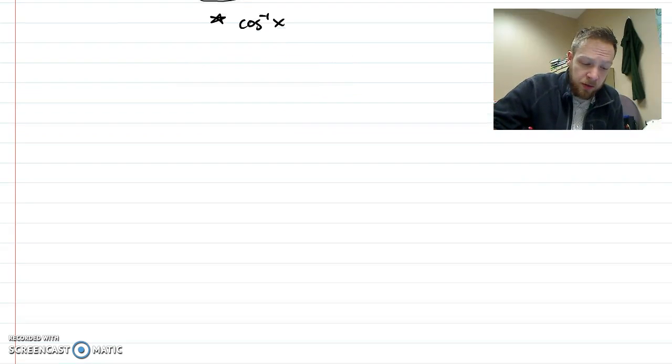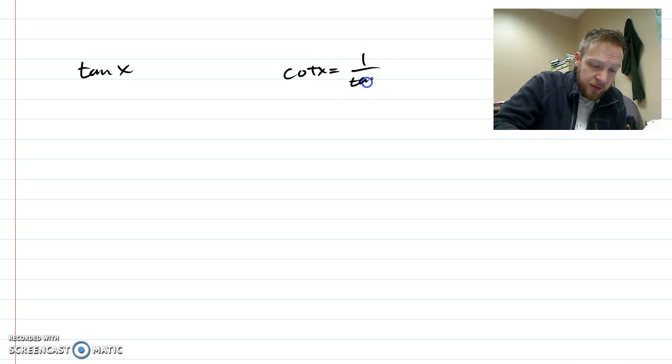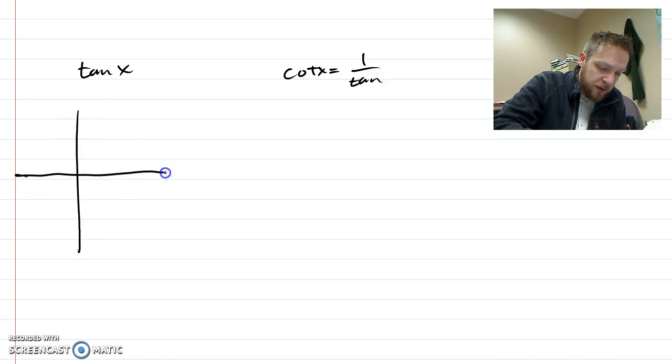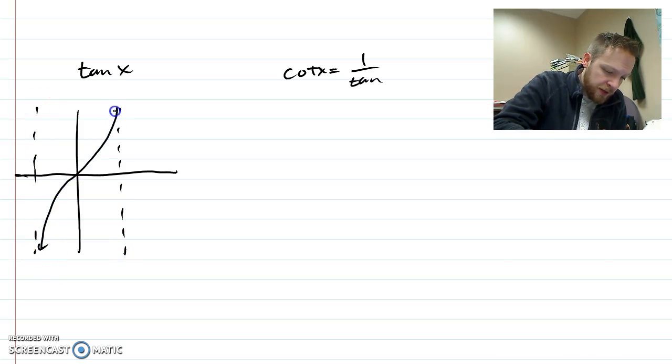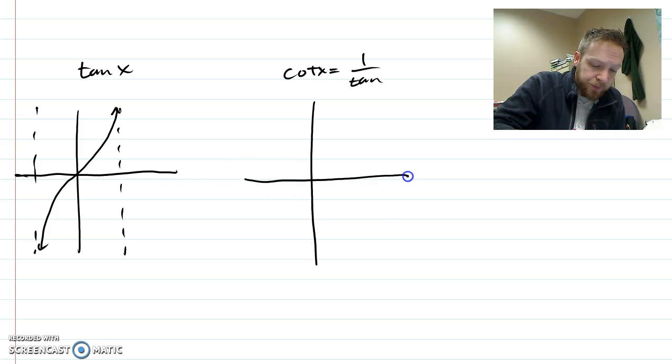Okay, but tangent and cotangent, they are opposites, and I want you to see the relationship of their graphs that way. Okay, cotangent is the same as 1 over tangent. And so, if I graph my tangent real quick, this is a normal tangent without any transformations. I want to be able to relate this to my cotangent and why it is the way it is.